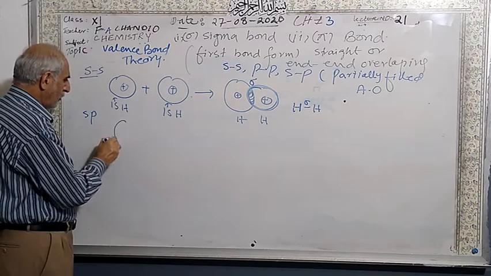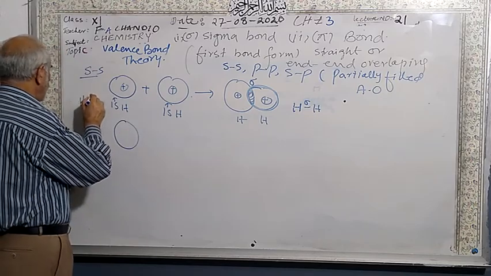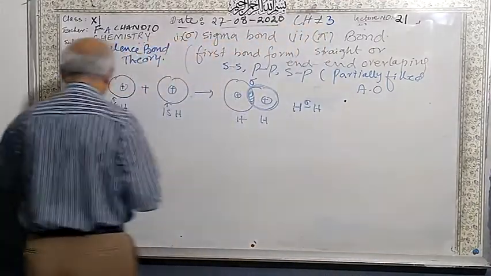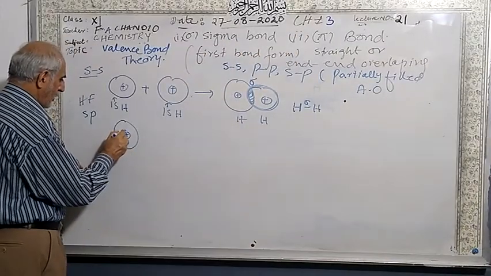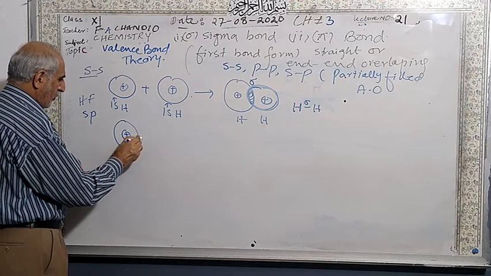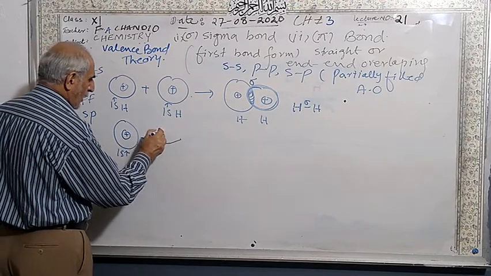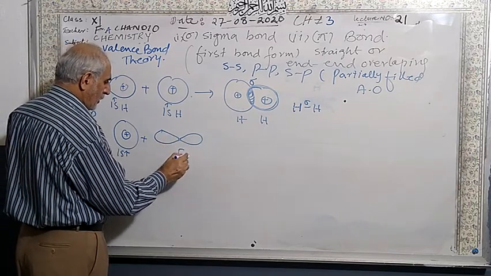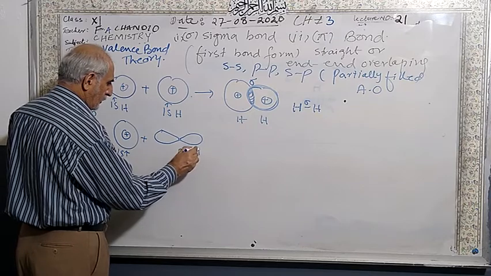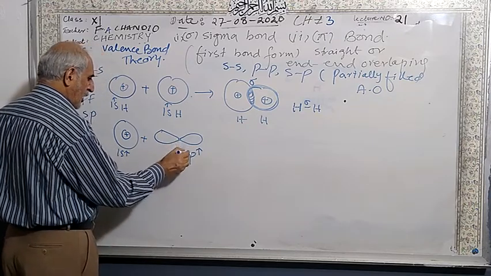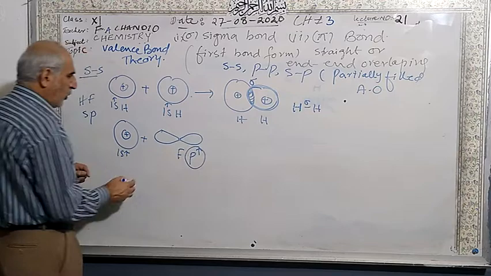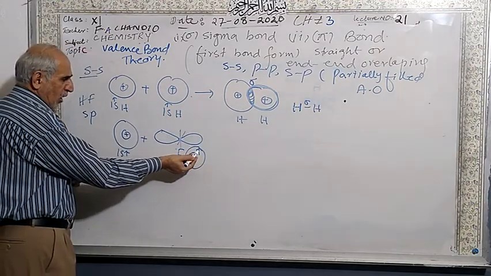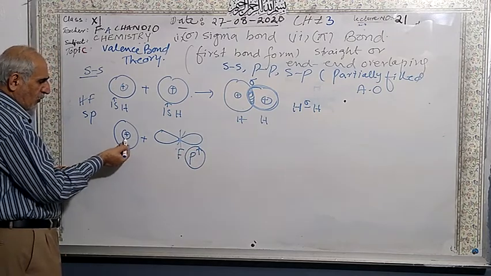Now between S and P. The example I am telling you is hydrogen fluoride. This is the hydrogen 1s1, plus the partially filled p orbital of fluorine. Partially filled atomic orbitals: P and S partially filled for the hydrogen.